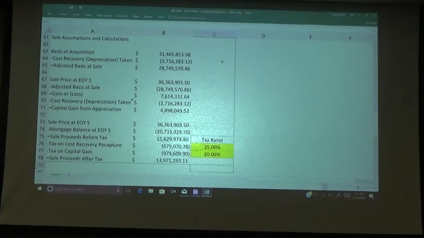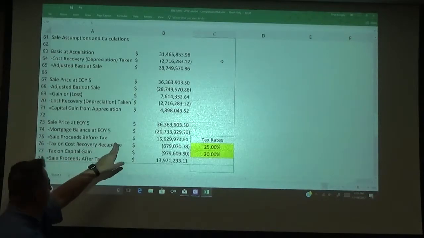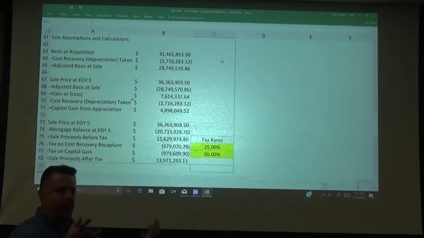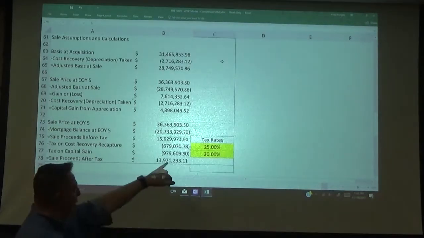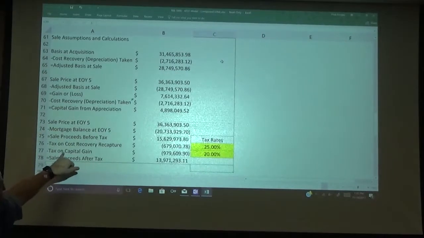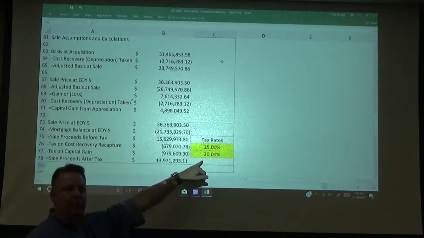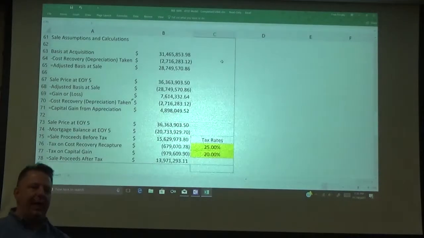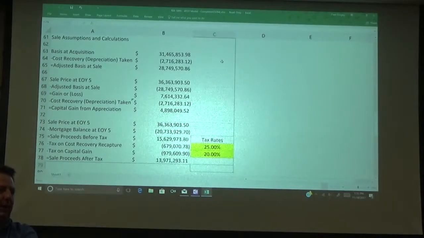So this is why currently we have 2 different tax rates as it relates to the sale of the asset. We have a tax on the cost recovery, which is basically the recaptured depreciation, which has a 25% tax rate, and then we have a tax rate on the capital gain, which is at 20%. But then we have a different tax rate on ordinary income, which is 28%.